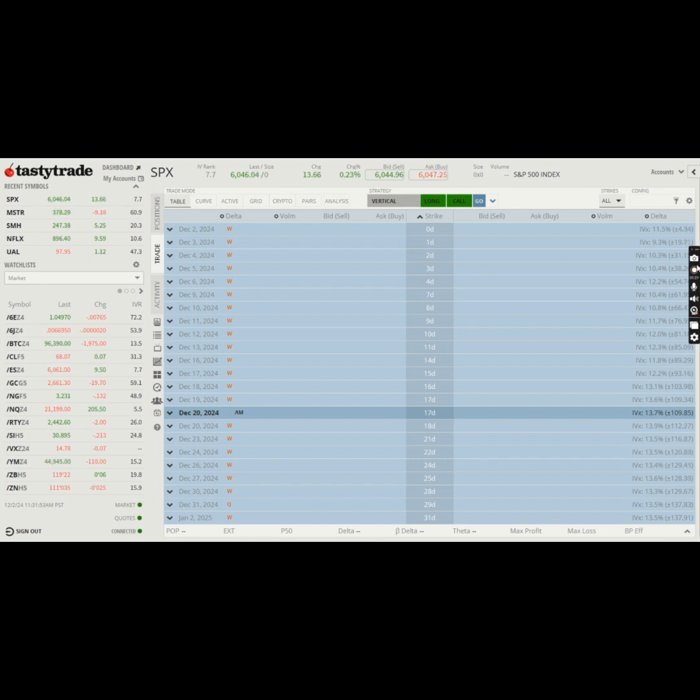Let's take, for example, a European style option. The one that comes to mind for most people is SPX. SPX is viewed as a European style option, which means the option can be exercised only on expiration.